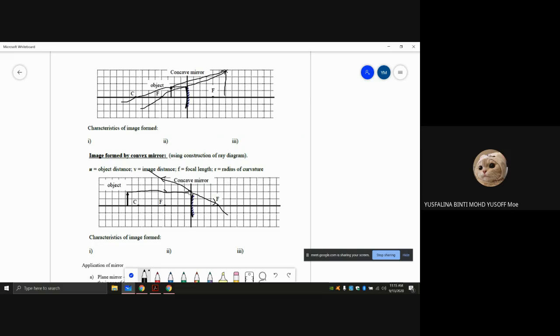And then for the second one, we use C here. So you have to add one more, 1, 2, 3, 4. So this one is C. The next one goes from here to C. So this is the image.